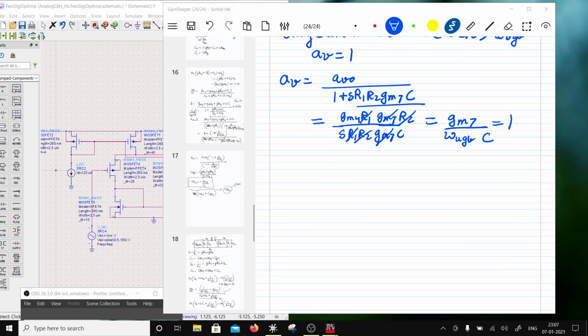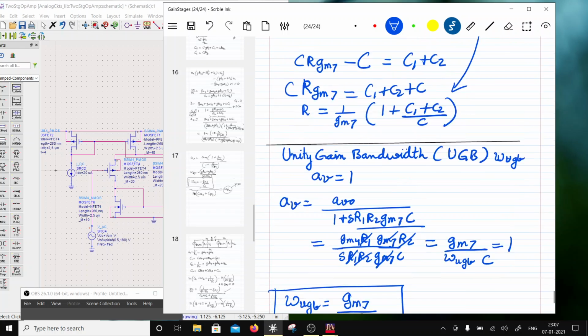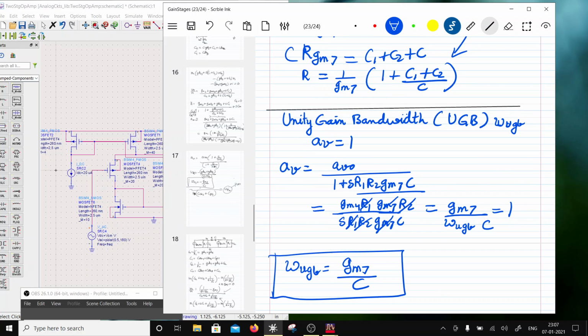So then the unity gain bandwidth UGB is equal to GM7 over C. So this is our unity gain bandwidth.